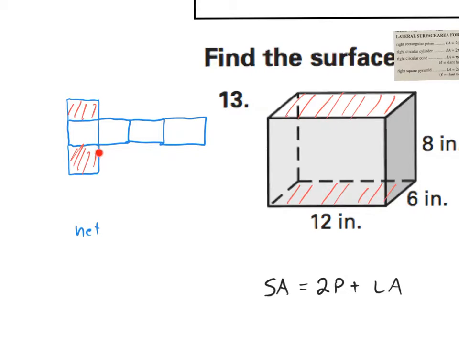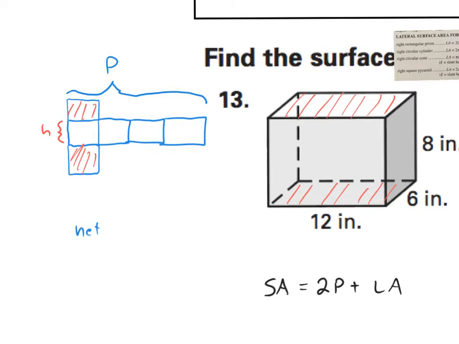It's the distance around the base, which is why we say the P for the lateral area, PH, perimeter of the base. Why? Because this whole rectangle wraps around that there. So all of this, all the way across, is your P, and this right here is your H, the height of the box.